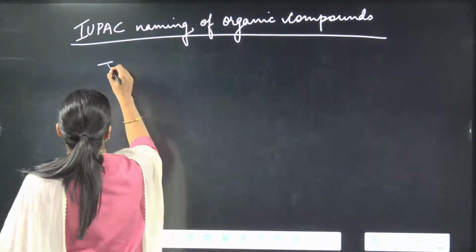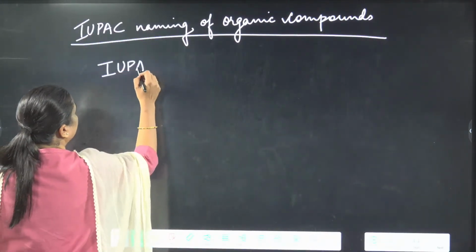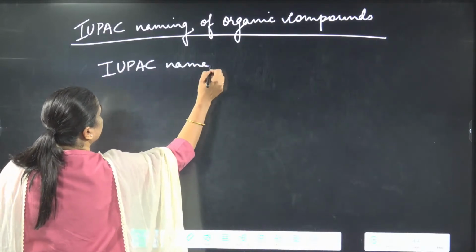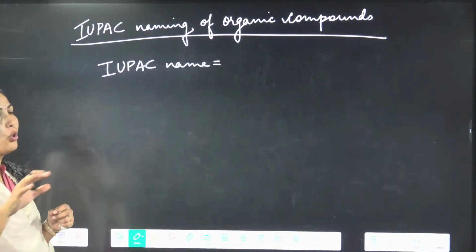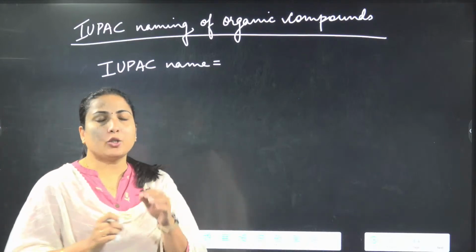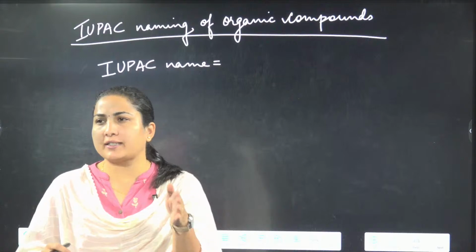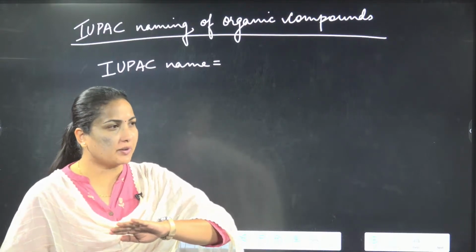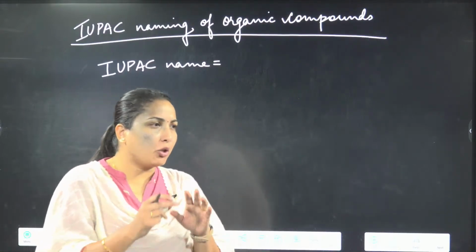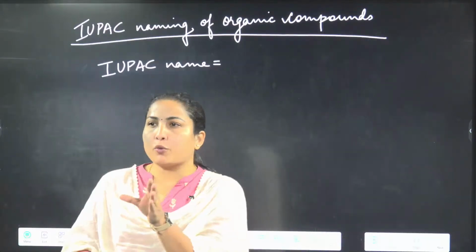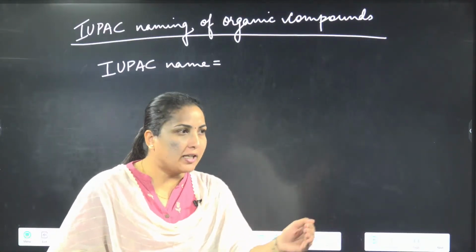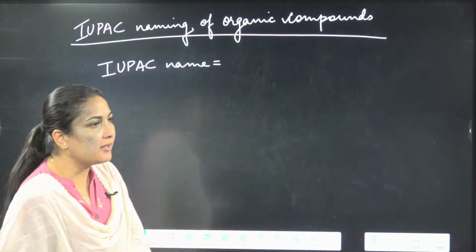So you must understand what all things the IUPAC name consists of. Normally, when I say a word, before that we use the prefix, and after that we use the suffix. IUPAC name is also like that. Before the word root, you will be using the prefix, and after the word root, you will be using the suffix.